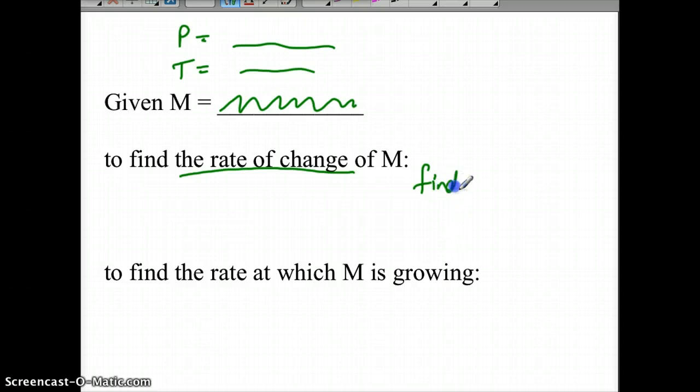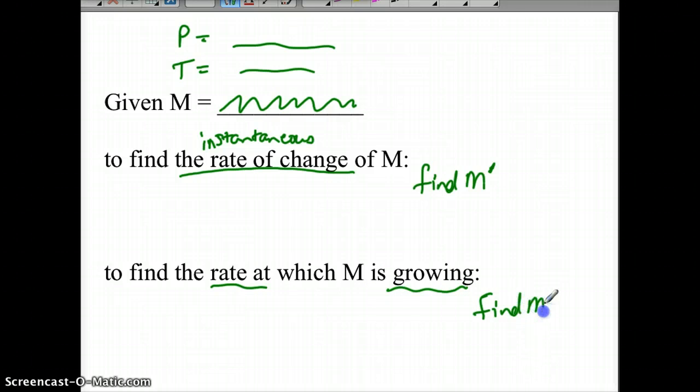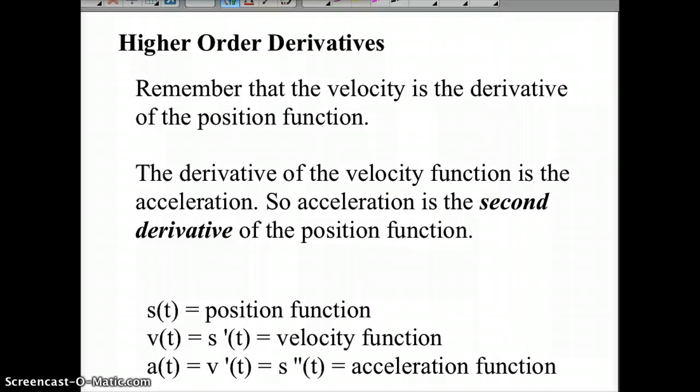Find the derivative of that equation. Rate of change is the derivative. Okay, that's instantaneous rate of change. If they want the average rate of change, you're just going to do plain old boring slope. If you want to find the rate at which something is growing, that again is a derivative. So those are just different ways that they could ask you to find the derivative. So just be aware of that.